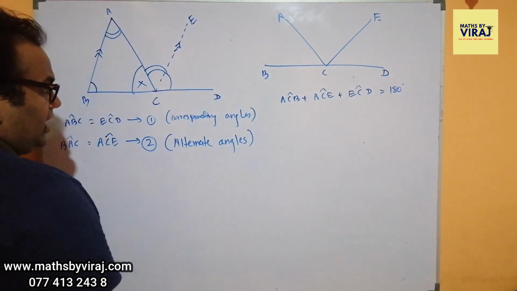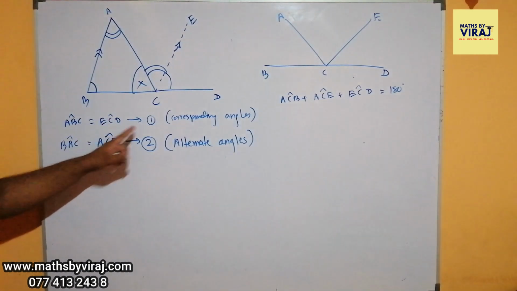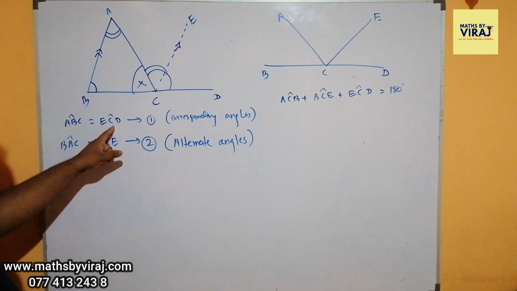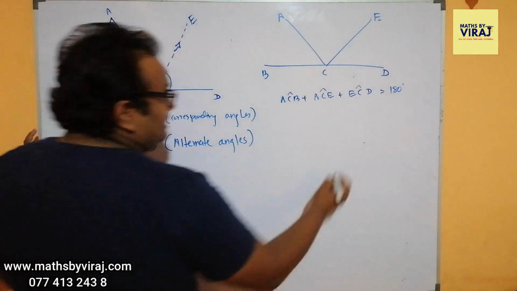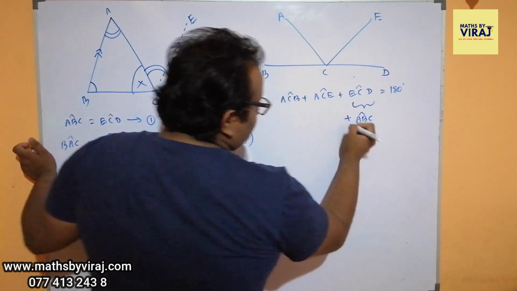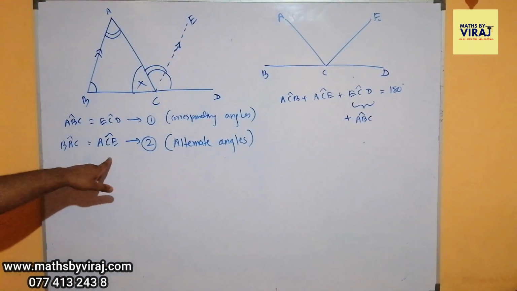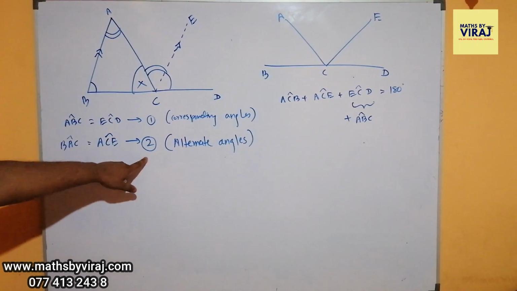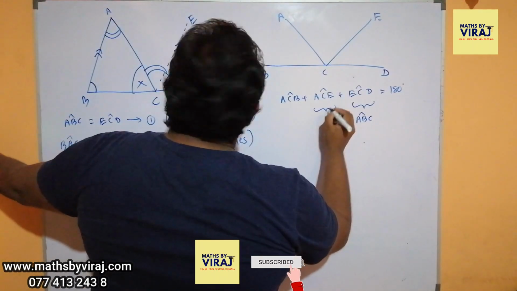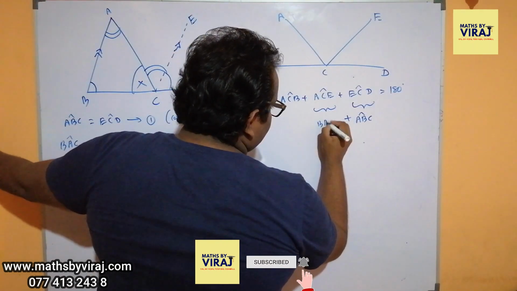Fine. Now, using equation number 1, instead of ECD, what can I write? ABC. Instead of ACE, use equation number 2, I can write it is equal to BAC.